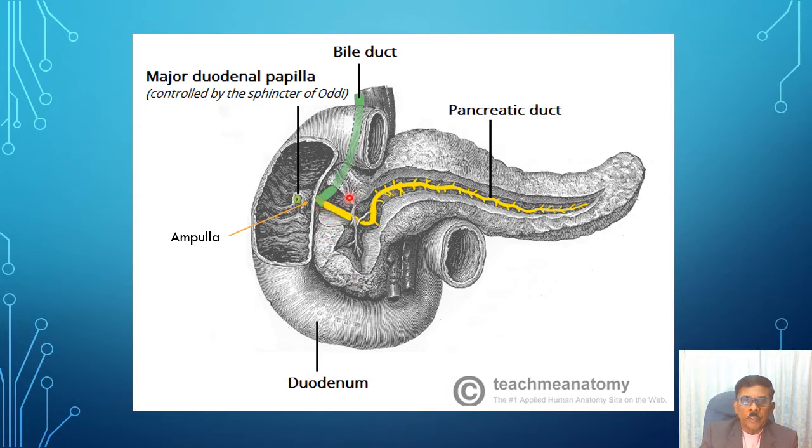It consists of exocrine and endocrine tissues and is drained by the main pancreatic duct, which joins the common bile duct and forms the ampulla, and this will then open into the major papilla, which is guarded by the sphincter of Oddi.